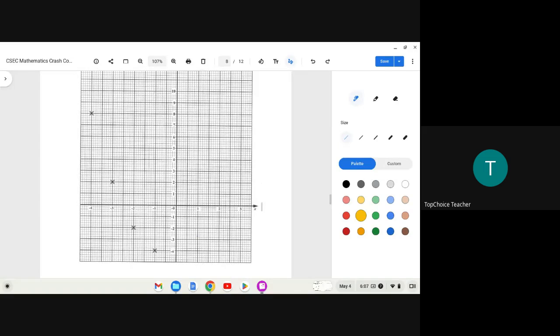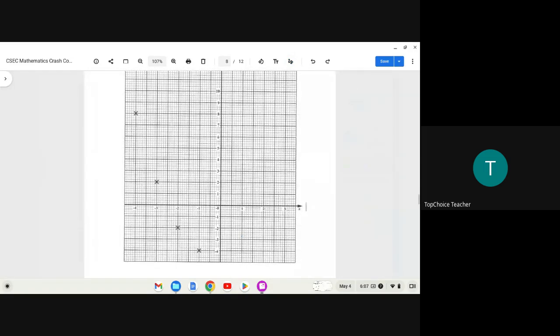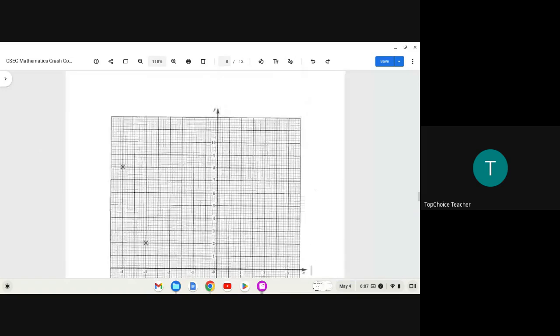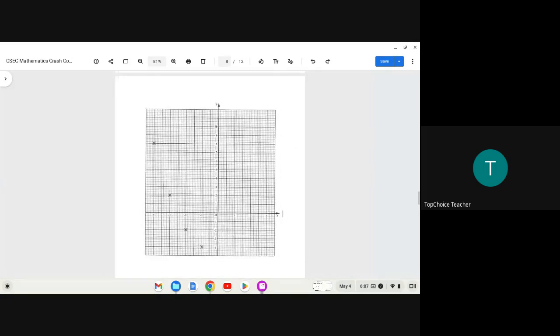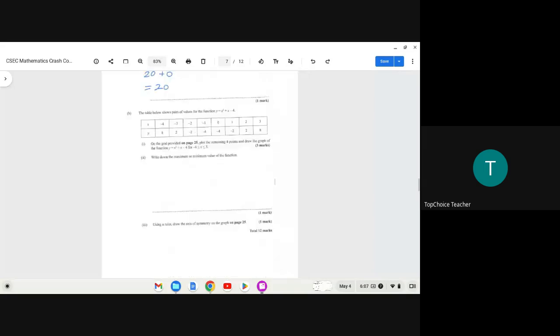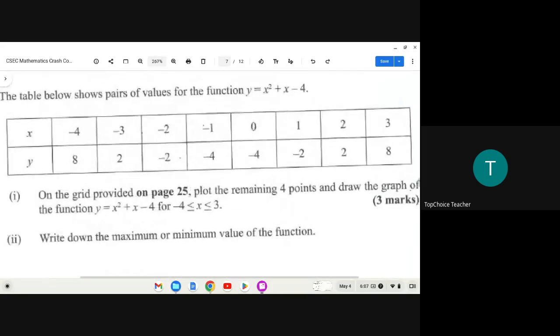They plotted all the negative values here, all the negative x values. They plotted, notice, let me use my mouse, -4, -3, -2, -1. So they plotted all the negative values. What we have to do now is plot the remainder of the values here.